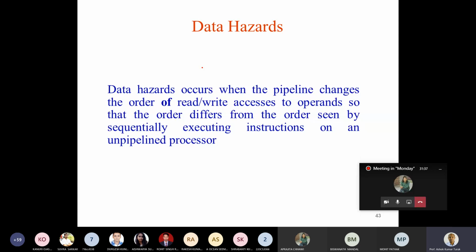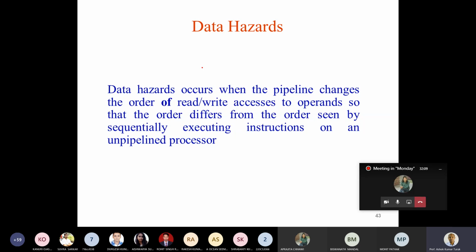Now let's look at where our write takes place. Our write to a register takes place in the write back stage, and we read the register in the instruction decode stage. So an instruction is writing to the register, or updating the result of its execution, in the write back stage, whereas an instruction reading its operand does so in the instruction decode stage.